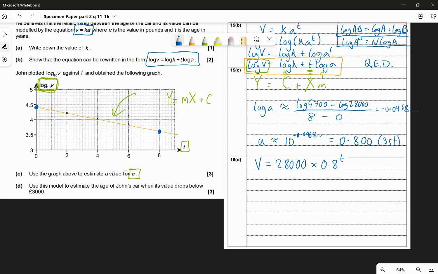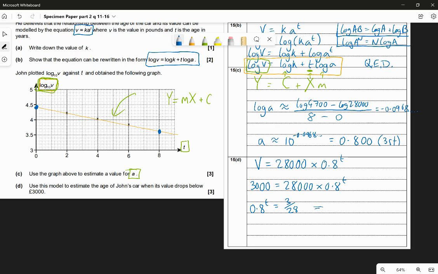So I want to know the value of t at which the value of the car drops to 3,000 and then goes below it. So I'm going to replace value with 3,000 and solve the equation 28,000 times 0.8 to the power of t equals 3,000. Divide by 28,000, and we get 0.8 to the power of t equals 3,000 divided by 28,000, or 3/28.